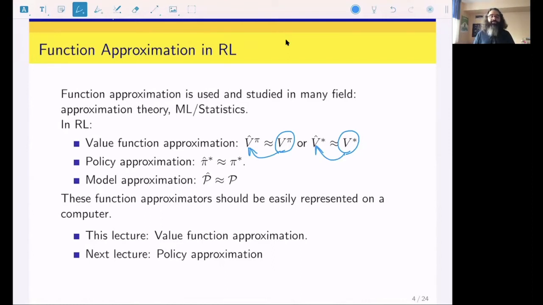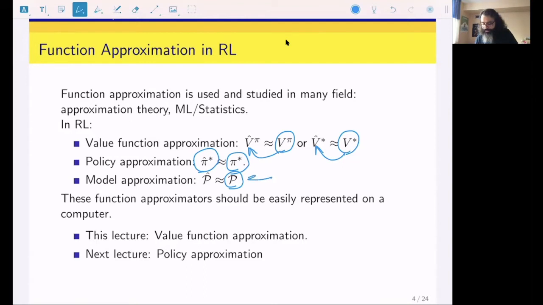Sometimes we want to approximate the policy. Instead of pi star, which we cannot represent exactly if the state or action space is large, we use an approximate version which is easy to represent and manipulate on a computer. Sometimes we also approximate a model. We have a true model, but we can't represent it exactly, so we learn an approximate model.